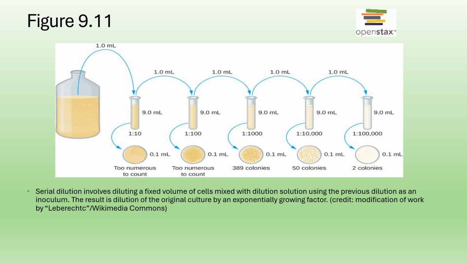So you're going to say, this is too numerous to count. This is too numerous to count. 389, that's over 300. You're not going to count that one. 50, well, that's between 30 and 300. 2, that's too few to count. So the sample you're going to use to calculate your number as to what the concentration is with this plate right here from the 4th test tube.